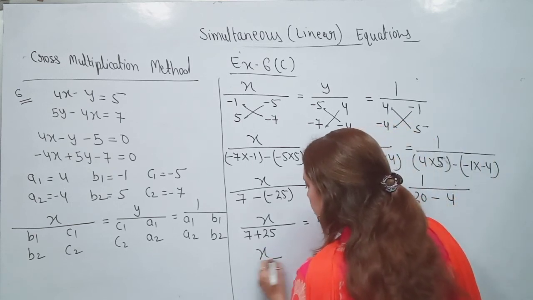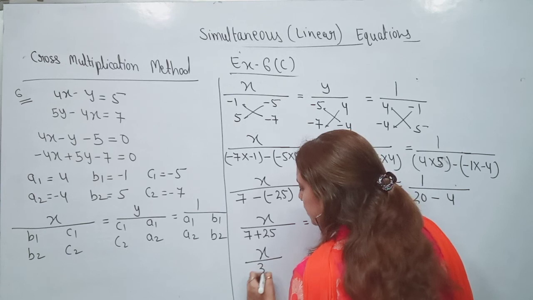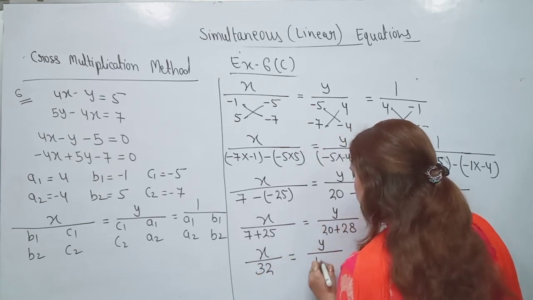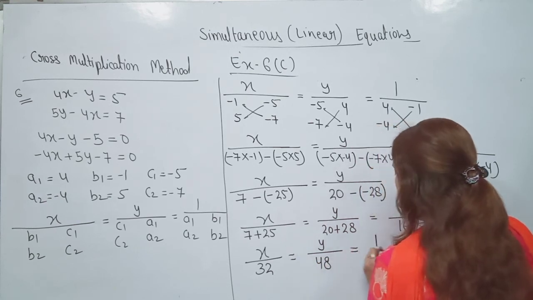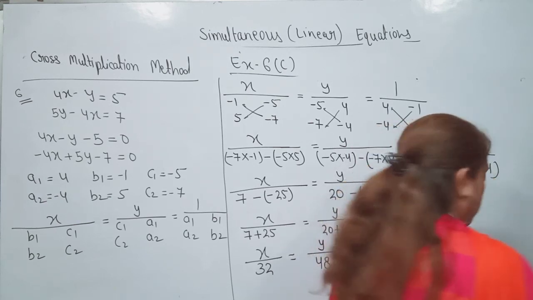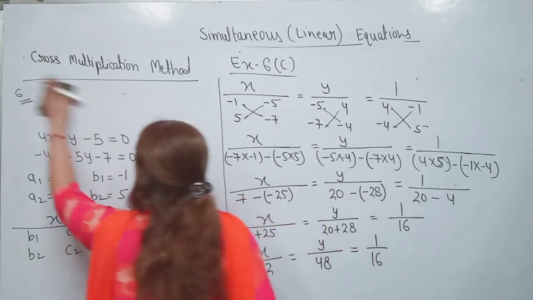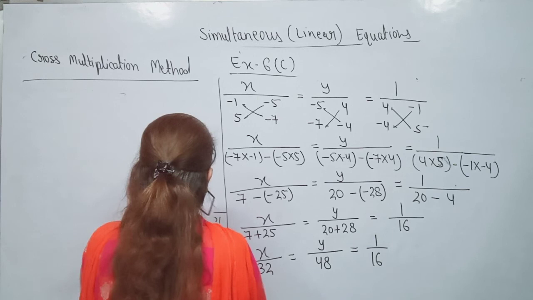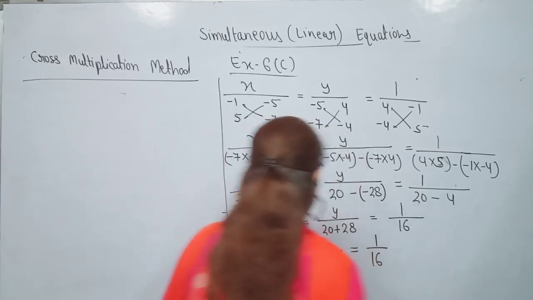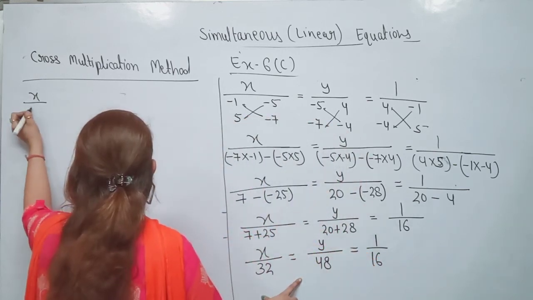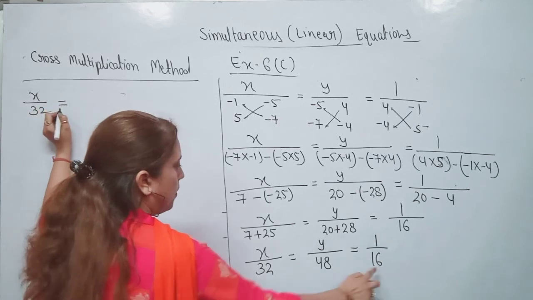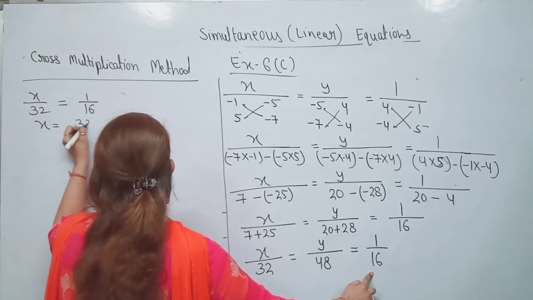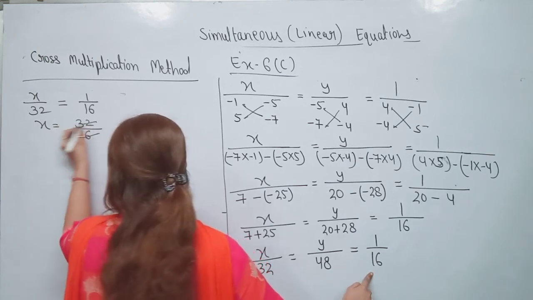So x upon 25 plus 7, 32, is equal to y upon 48, is equal to 1 upon 16. So x upon 32 is equal to, compare with 1 upon 16. So x is equal to 32 upon 16, 2.